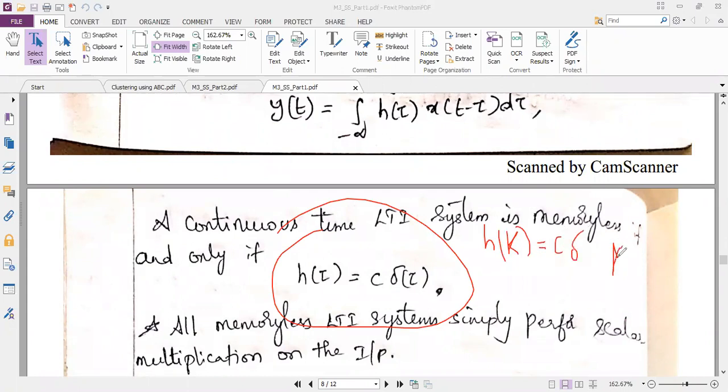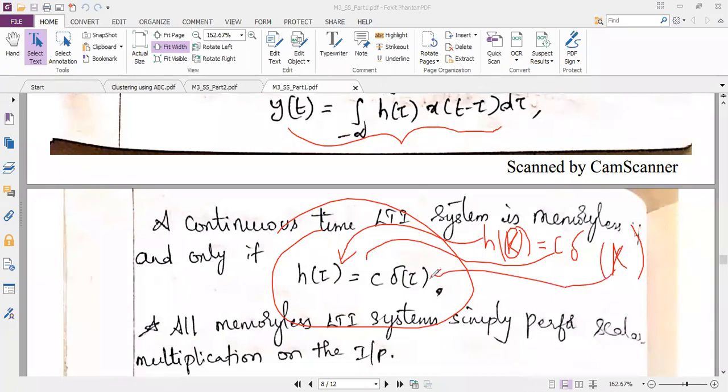The same thing I can map for the continuous time system. This integration I'm not going to expand like how I expanded for the discrete time. So we can write similarly for the continuous time system also. Similarly, I can write the formula for the memoryless property. In place of k, I will replace tau. H of tau is equal to c, c is c only, and delta of k now becomes delta of tau.